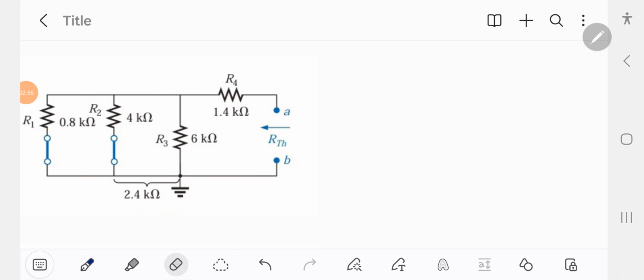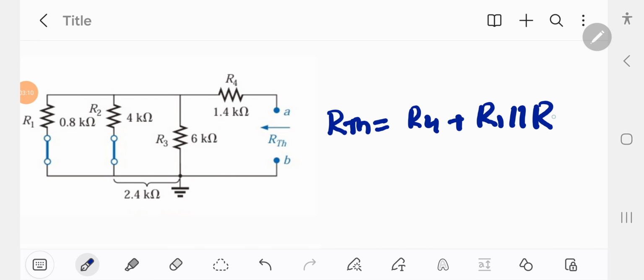Let's find RTH. So RTH is actually equal to R4 plus R1 parallel to R2 and parallel to R3.